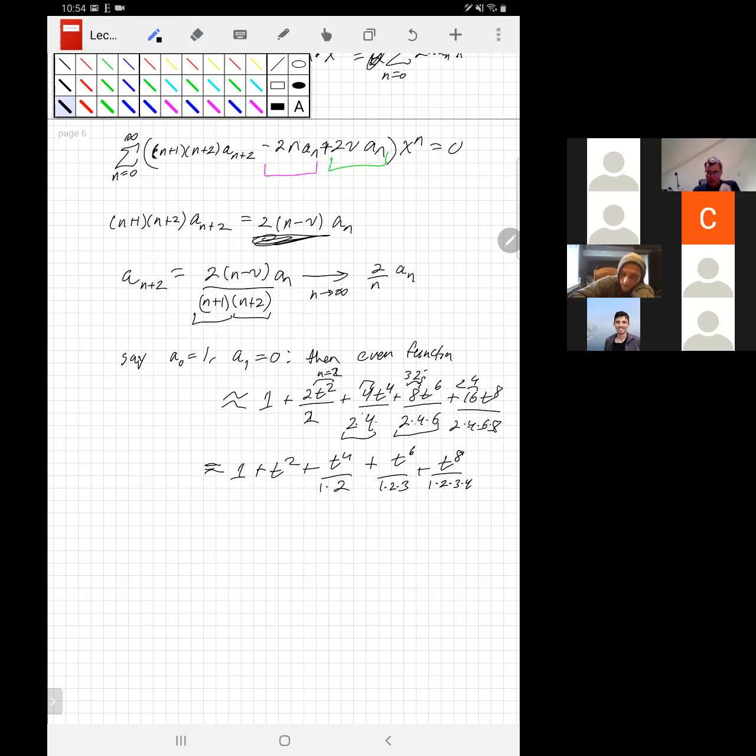Okay, what does this look like to you? I've got t to higher powers and I've got a factorial on the bottom. Cosine? Exponential of t squared?